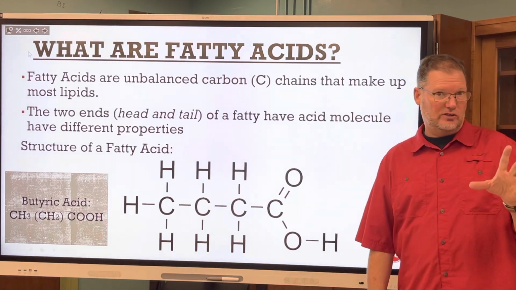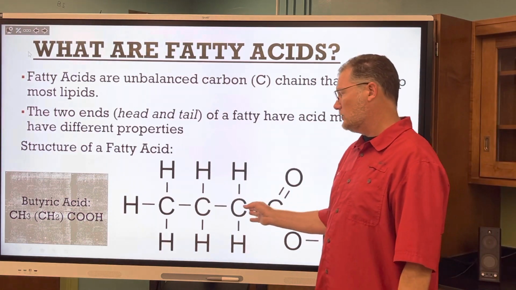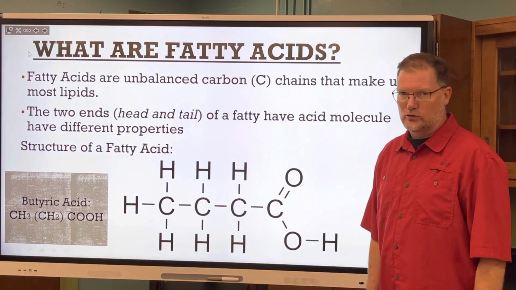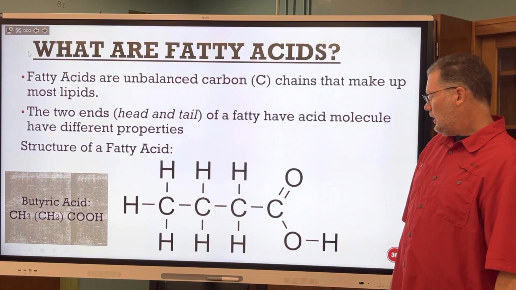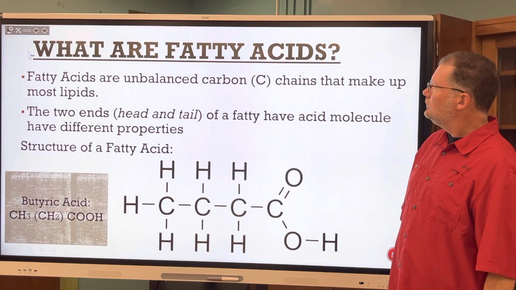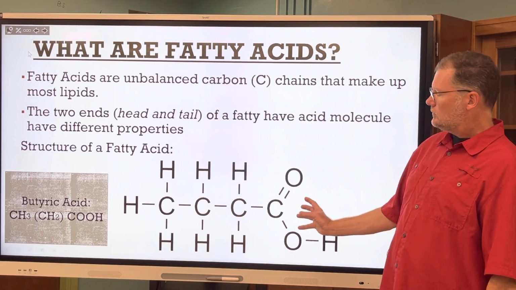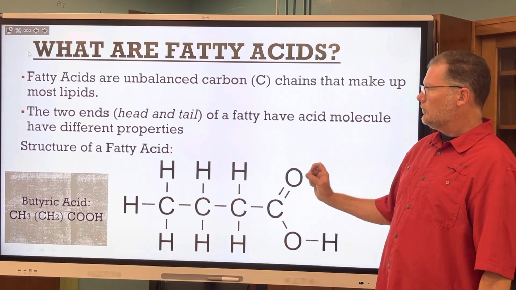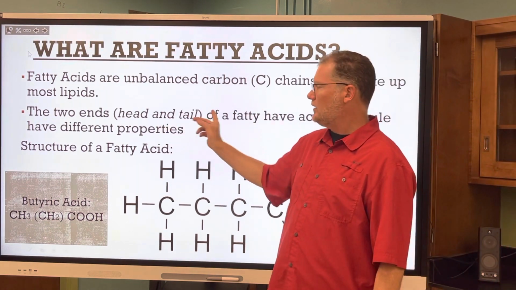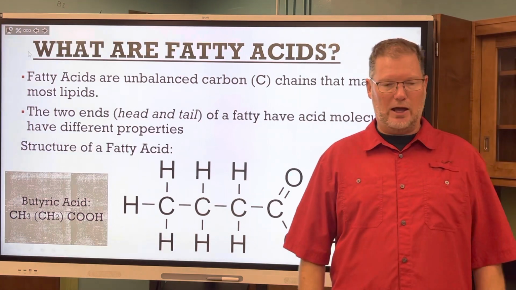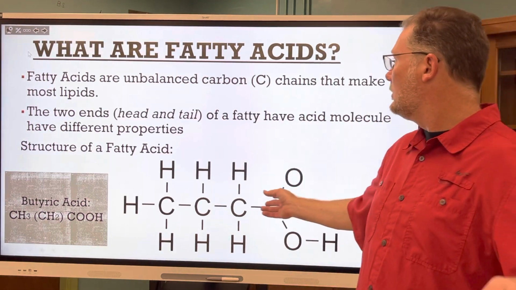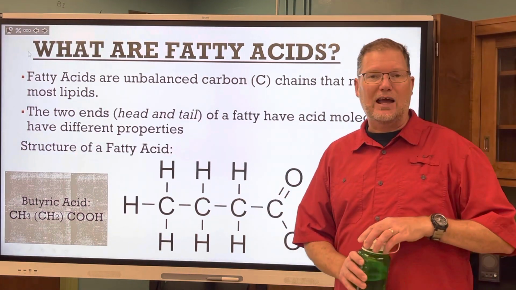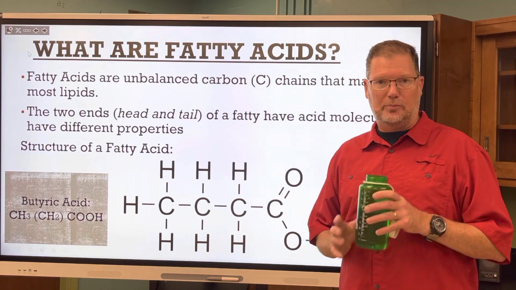They're similar to this. And remember, the chains go much farther out. So 2 ends, a head and a tail. That's all, okay? So you would need 3 of those together to get your lipid.